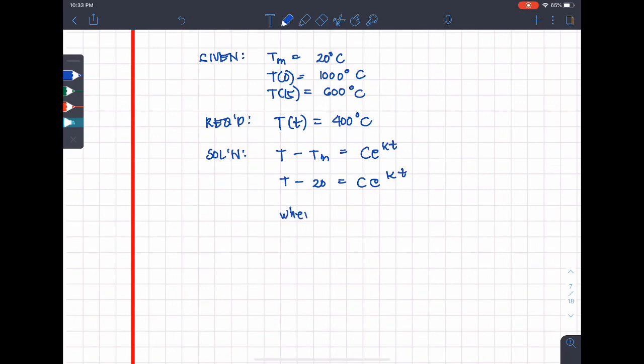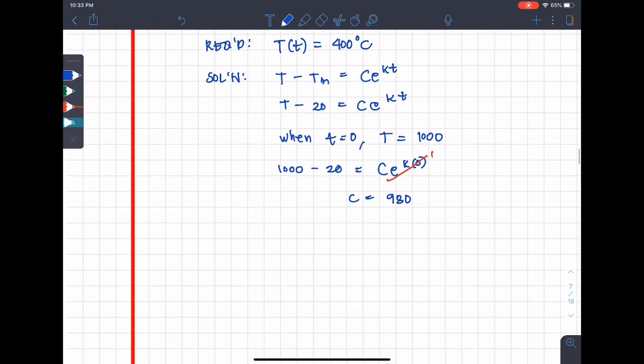And then when time is 0, we have the temperature of the body to be 1000. So 1000 minus 20 is equal to Ce^(k times 0), where that is 1, so therefore C is equivalent to 980.